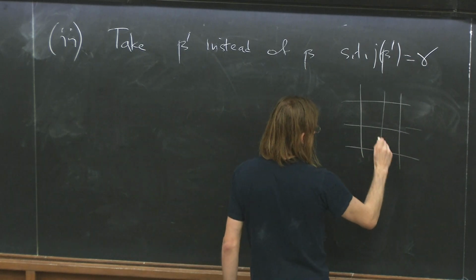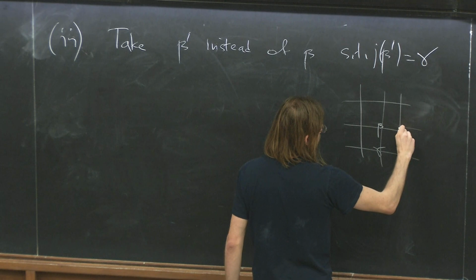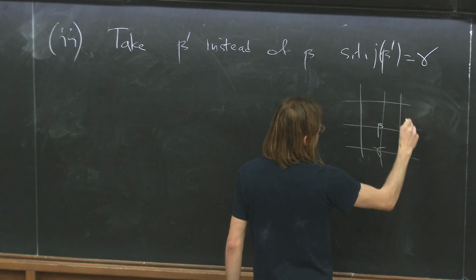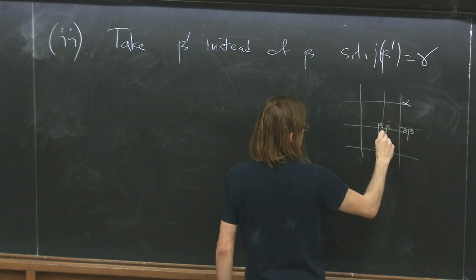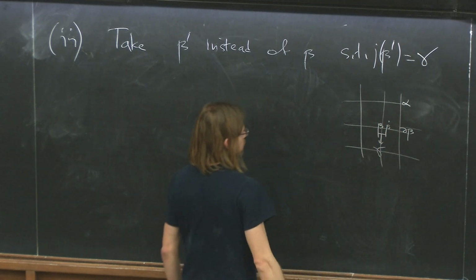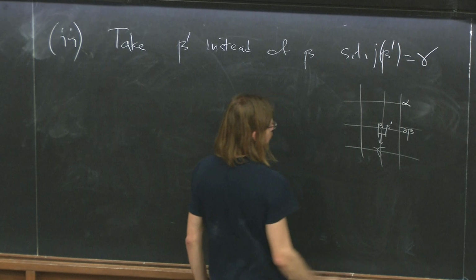Of gamma here, beta and alpha, but we can take another preimage under J, beta prime.